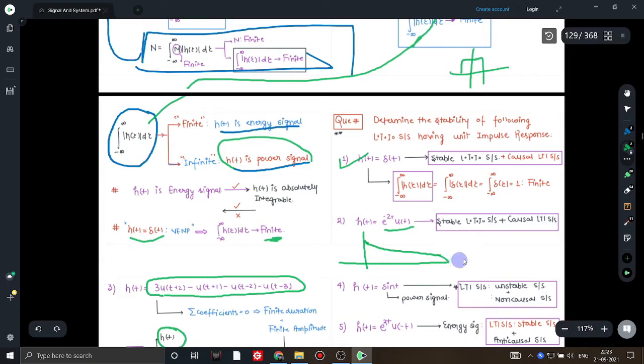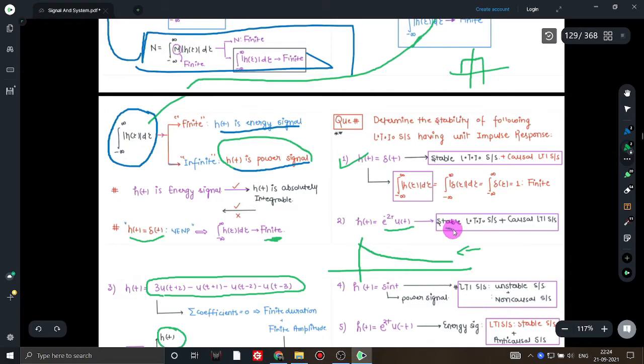So it is a stable system, because at time t equal to infinity, its value is constant, so it is finite.